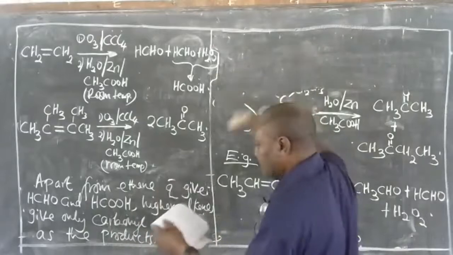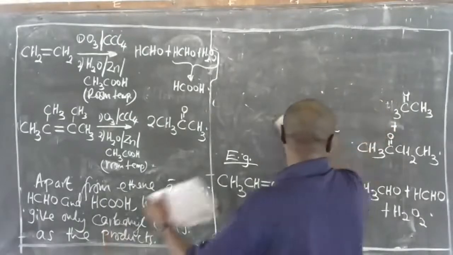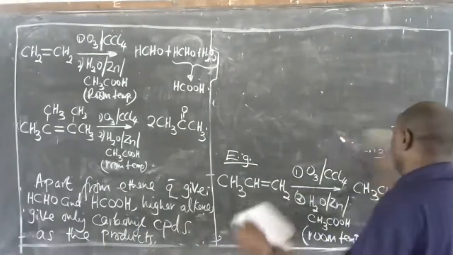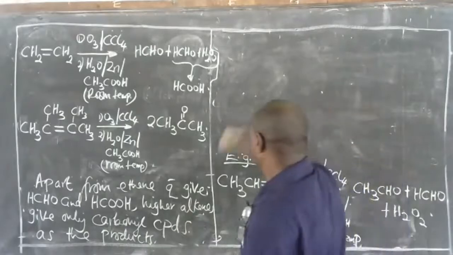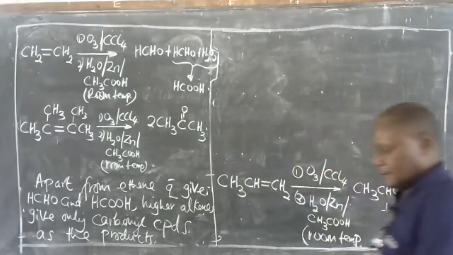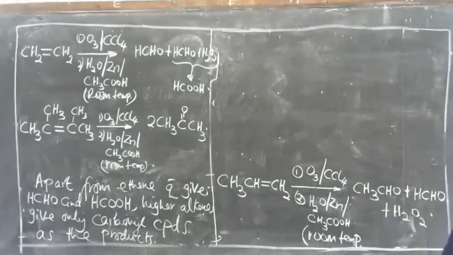So we have exhausted ozonolysis plus the possible products which can be obtained. We have oxidized plus the possible products can be obtained.